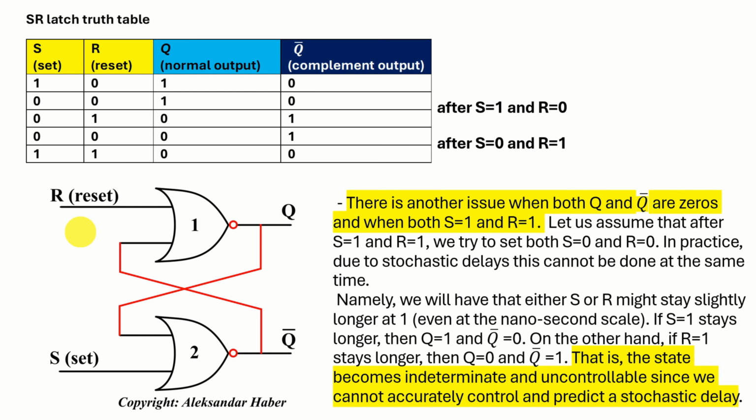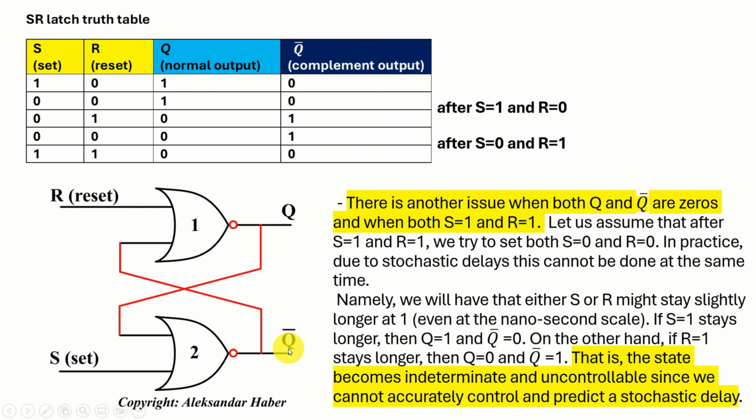And this might happen even at the nanosecond scale. If, for example, S is equal to 1 stays longer than R is equal to 1, then we will have a short time period when S is equal to 1 and R is equal to 0. This will produce Q is equal to 1 and Q bar is equal to 0.